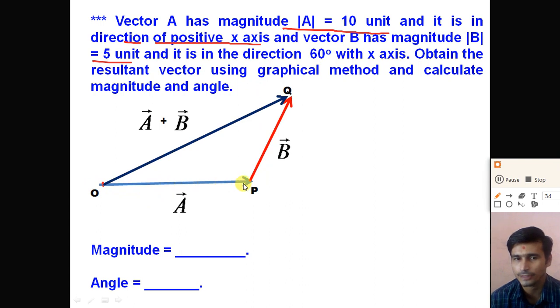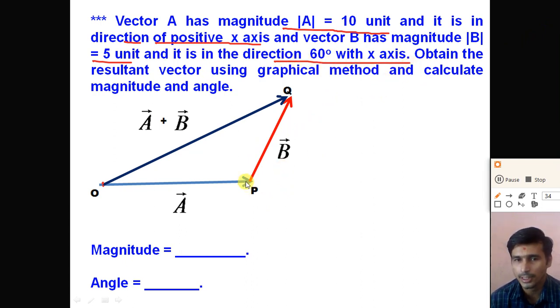So first of all, from the common point draw a vector OP of length 10 centimeters in the direction of the positive x-axis. Now the magnitude of B is 5 units and the direction is 60 degrees with the positive x-axis.